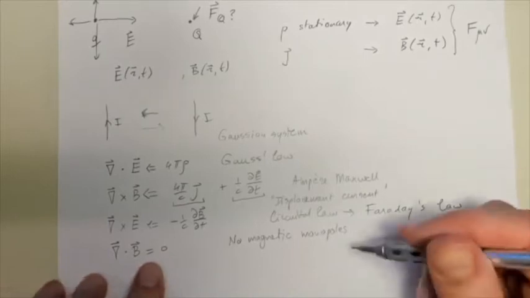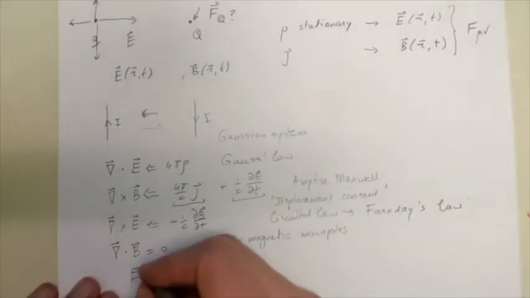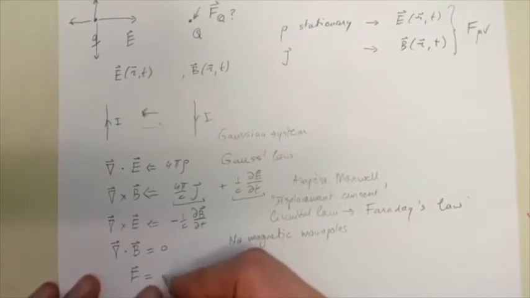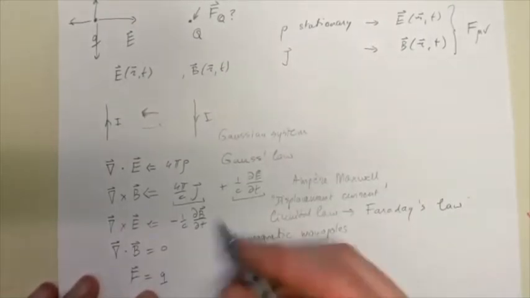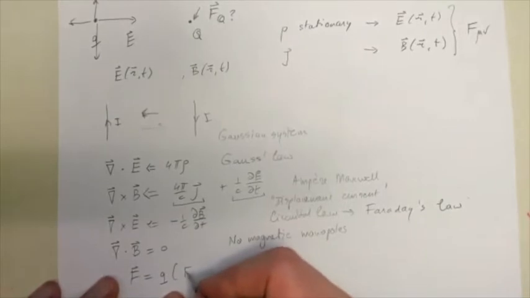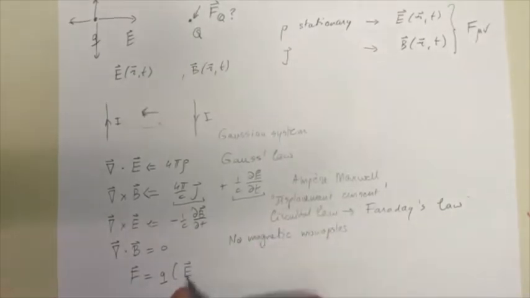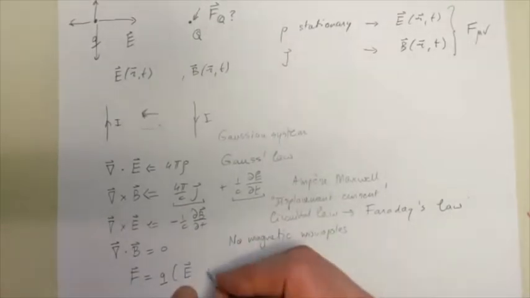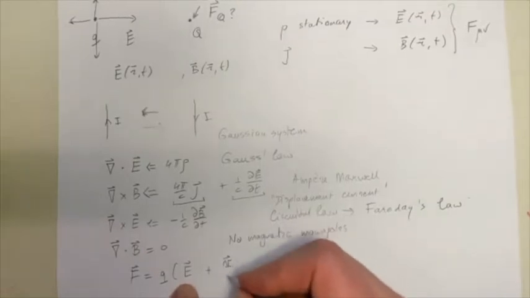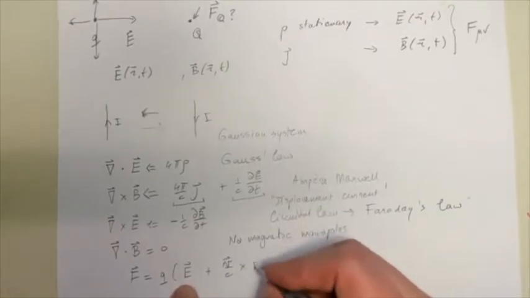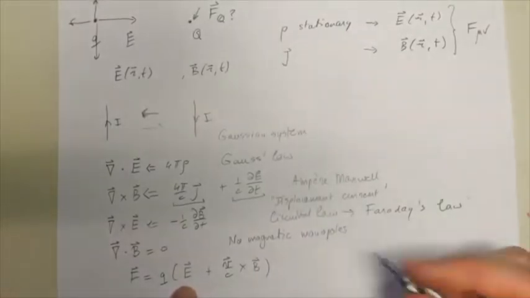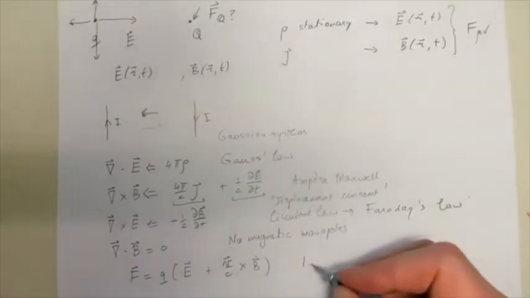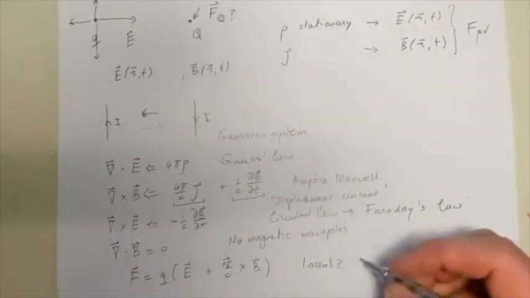Okay, so if you want to do that, then you actually need the actual force. So it's some charged object moving through an electric field or placed in an electric field, plus whatever velocity you have crossed with B, and that is, of course, the Lorentz force law.